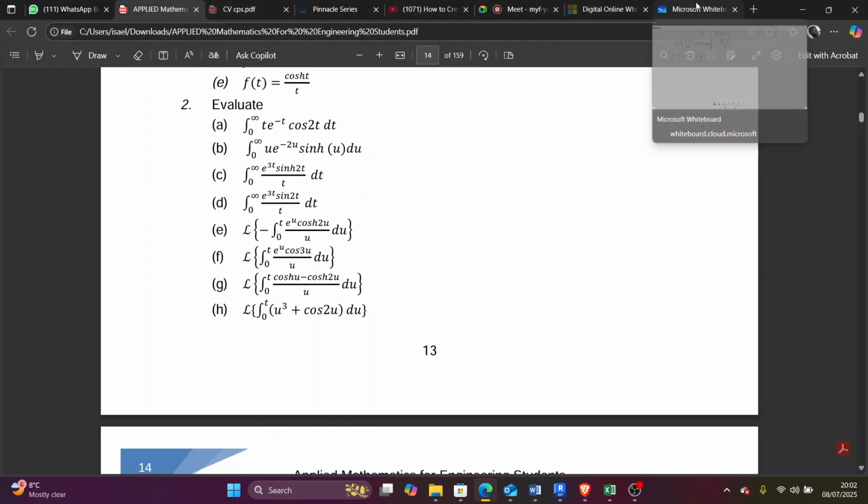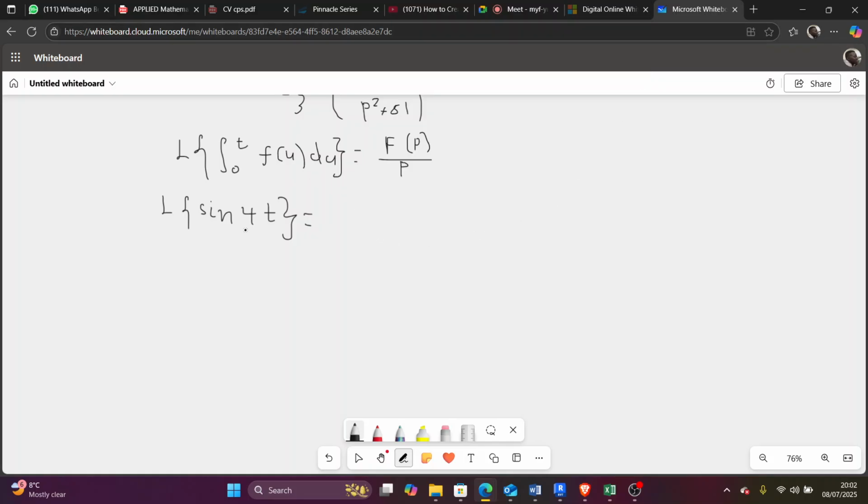Now, because the question is saying to solve this using Laplace of integral, you have to transform this function into the form of the Laplace integral. What do I mean by that? Let me show you here. You have to write it according to the formula form.